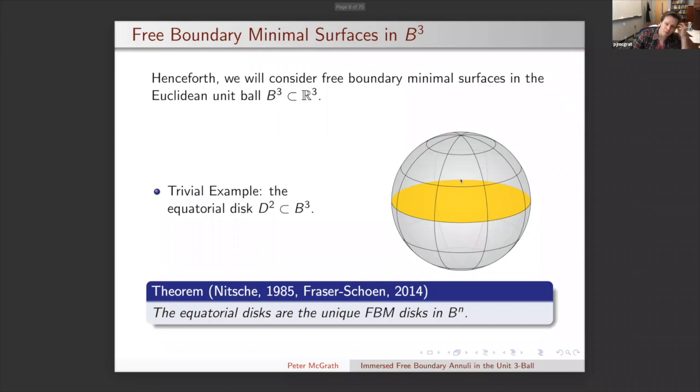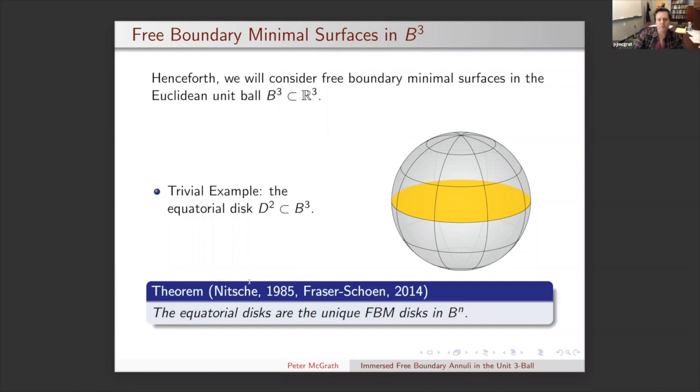And there's a rather beautiful theorem that says that these trivial examples are really the only examples in their topological class. Among all immersed free boundary minimal disks, so just up to their topology, genus 0 and 1 boundary component, the only ones, even in general codimension, are these flat equatorial disks.